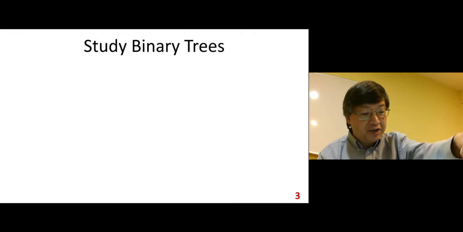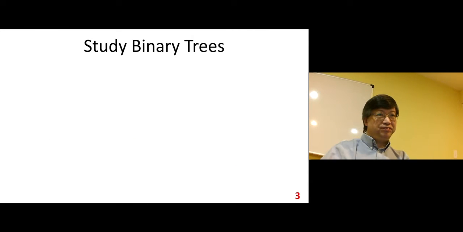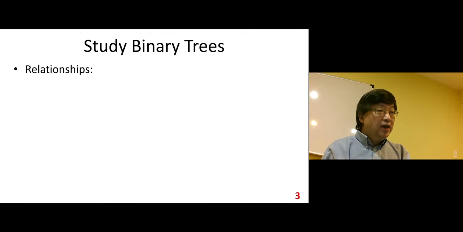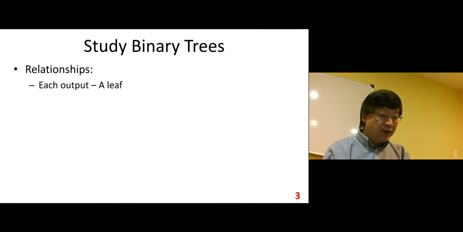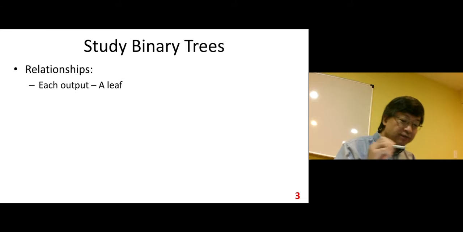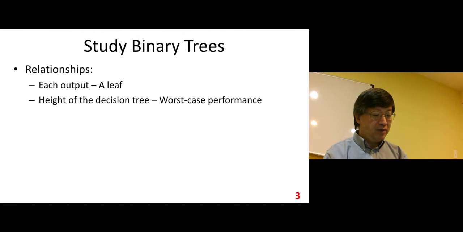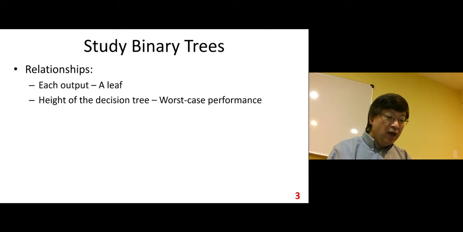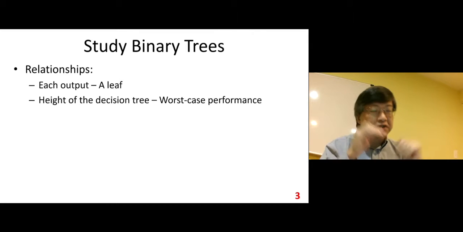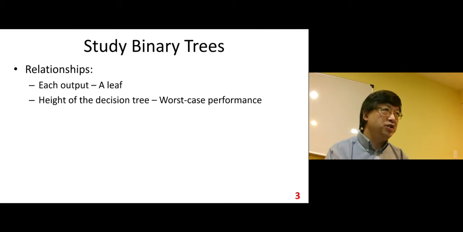Next, let us study binary trees. Let's look at some properties and relationships. First observation: each output corresponds to one leaf. Second, the height of the decision tree corresponds to the worst case performance or efficiency.